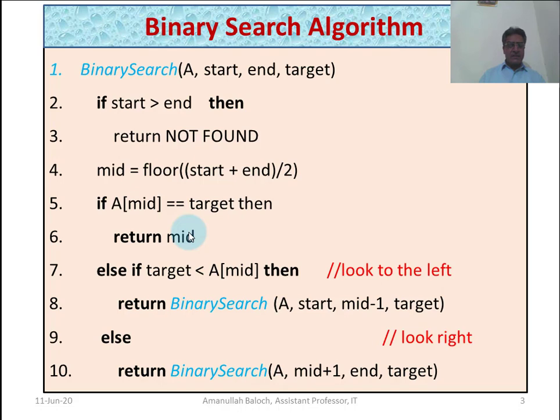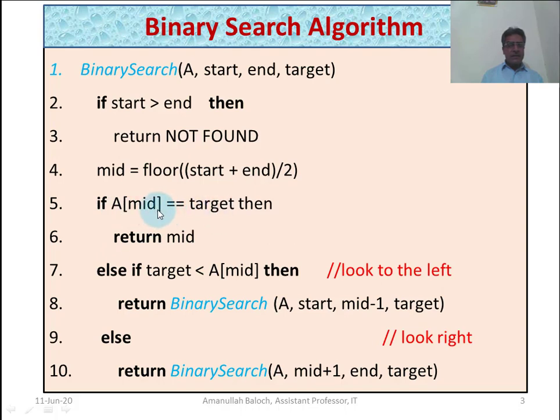If the target exists at any index location of the array, the computer will return the index of that array, not the required value. So here the computer compares if A of mid is equal to the target value, then it will return the index number, the mid value, which will be the index of that array.